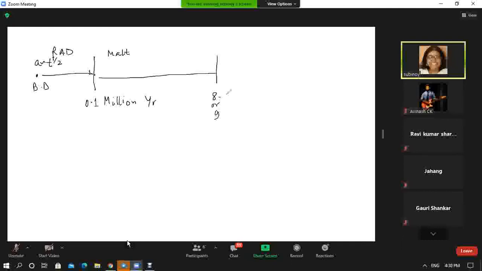We don't know exactly, but we know 8 or 9 billion years. That is the time when Earth was formed. Earth, Sun, everything, the solar system was formed at the same time. And then from there onwards, the space has started going exponential, so e to the power lambda t.